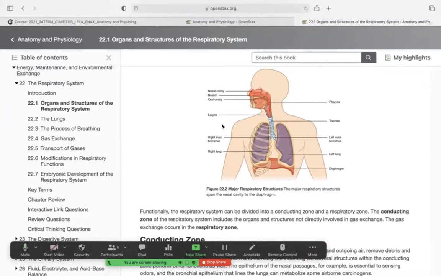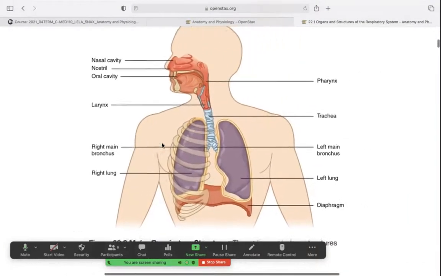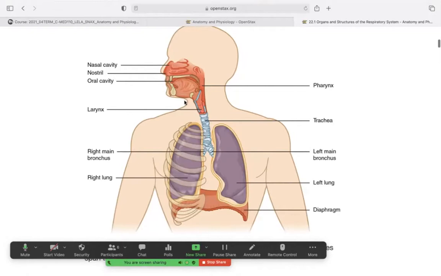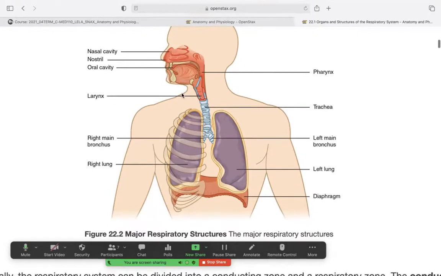Now, when we look at the respiratory system, and you can see it here, it is comprised of an upper respiratory tract and a lower respiratory tract. Now, here's your trachea, and that's your windpipe. And then everything above it is your upper respiratory tract. So your nasal cavity is in here, and your oral cavity and your pharynx. And of course, here's the cartilaginous larynx or voice box, which is right here. So all of that from the trachea on up, that's upper respiratory tract.